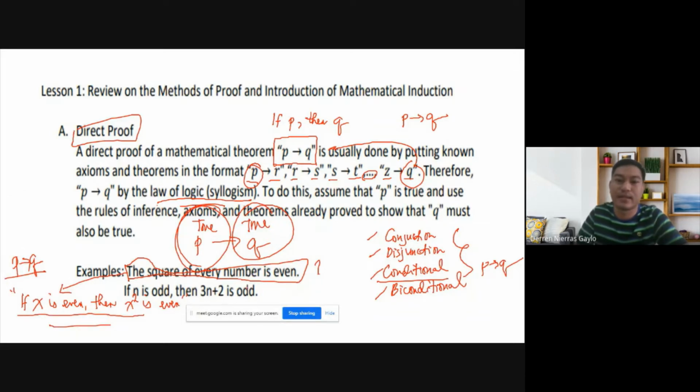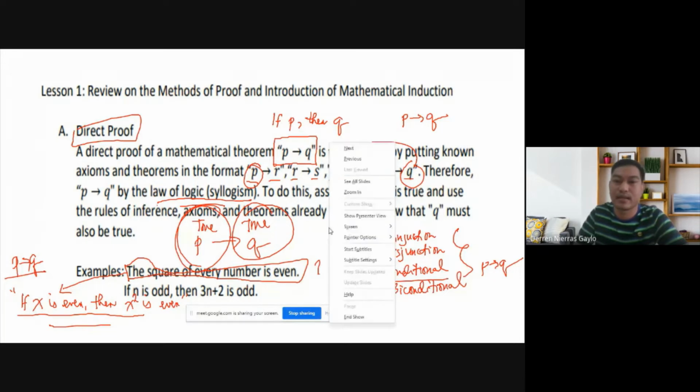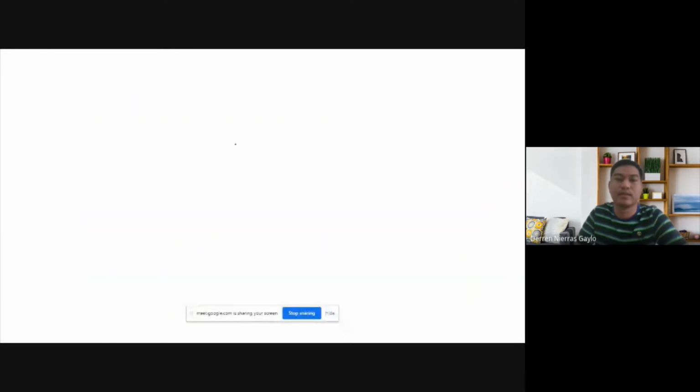Sige, let's have another screen. Sige, let's prove that one. I hope you are taking notes or taking pictures of this because I will not repeat this anymore. Okay, if x is even, then x squared is even.